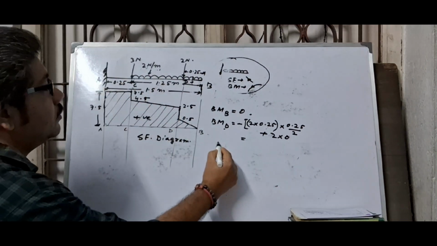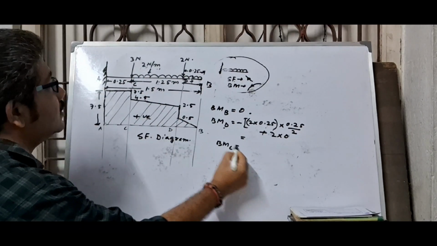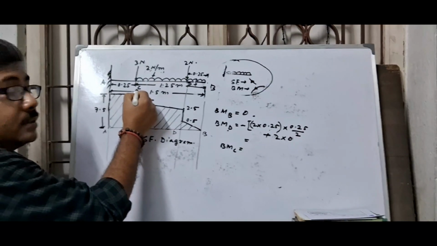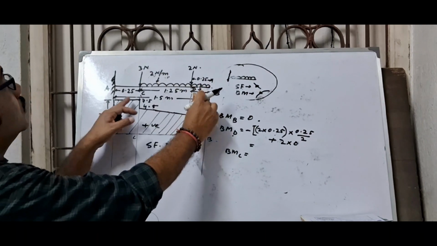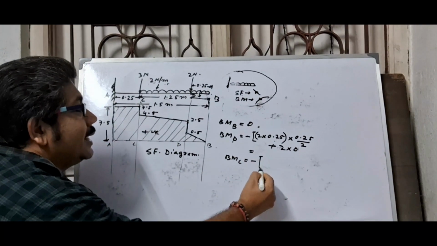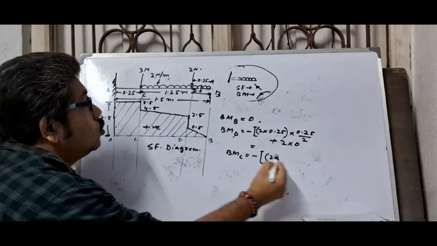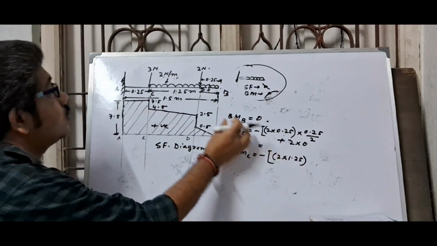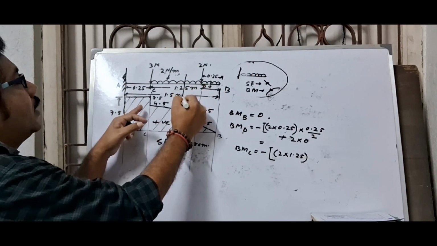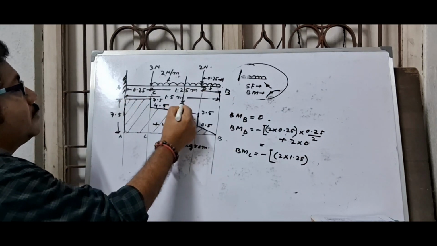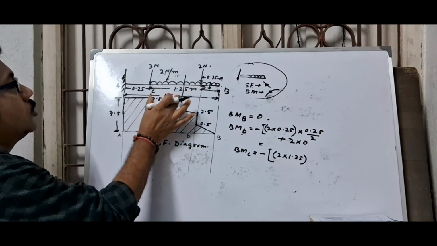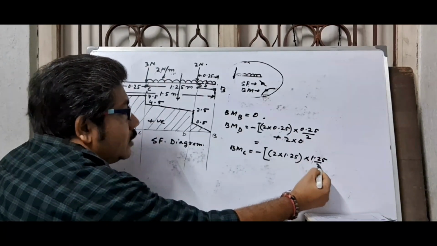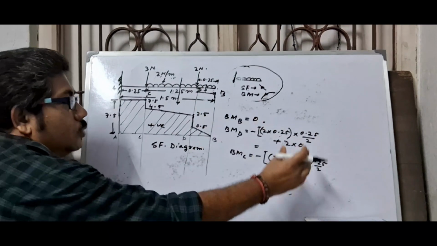Now BM at point C. From B to C all the load should be taken. So per meter 2, this is 1.25. First of all, negative 2 into 1.25. This is the load. Similarly, this load is acting at the middle point of BC, and you are taking moment at C, so the distance is 1.25 by 2 for UDL.